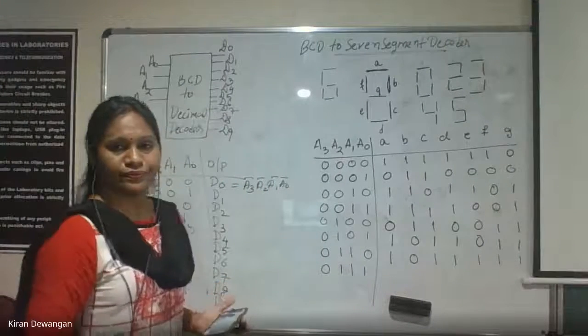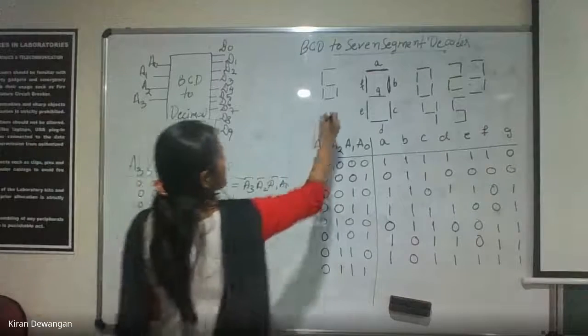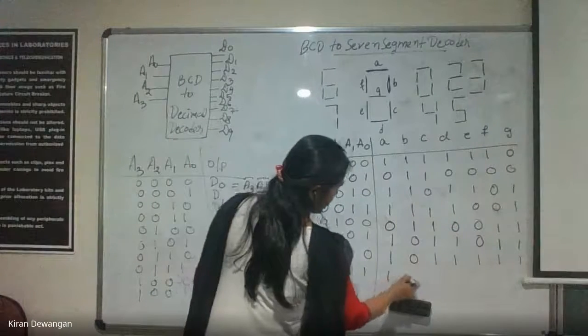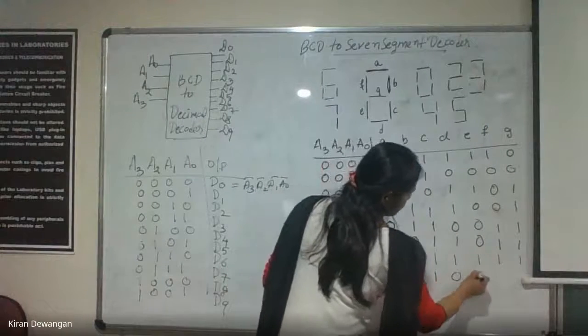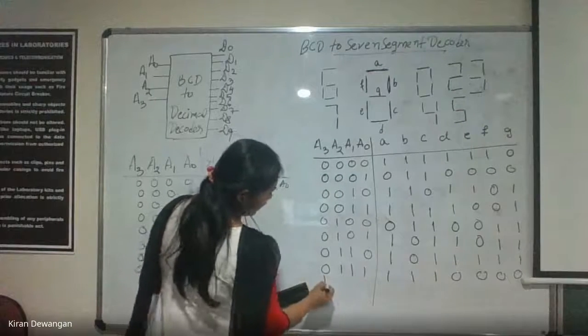ठीक है. Correct now. For 7, A, B, C, and rest all are 0. 8 में क्या होगा?